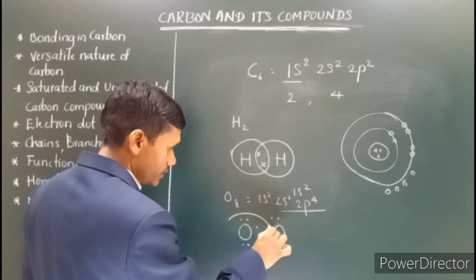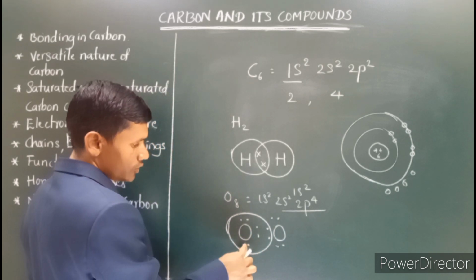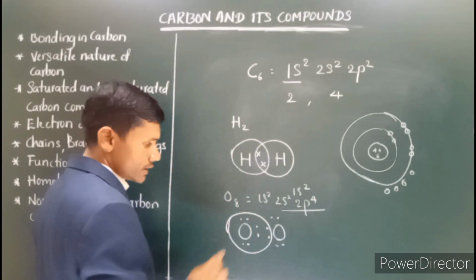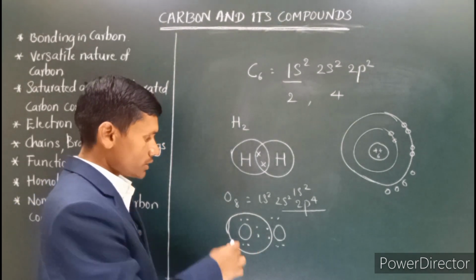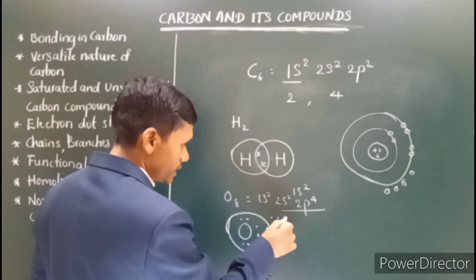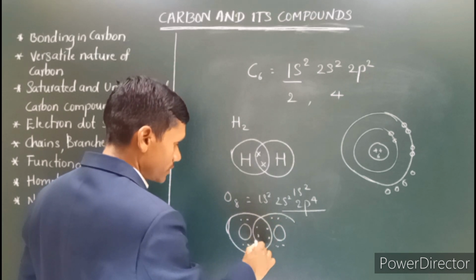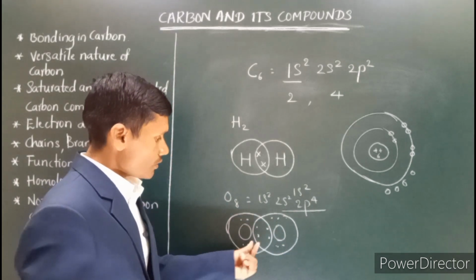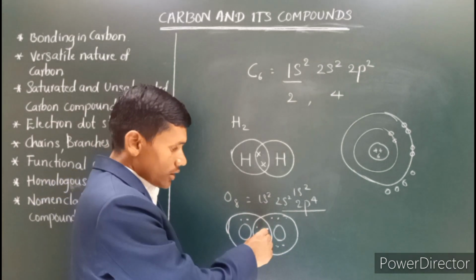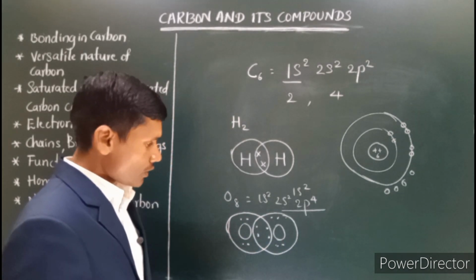Now you can see here. Now 2, 4, 6, 8. This oxygen got the octet structure, noble gas configuration. And if you come to this oxygen atom, this is also sharing this pair with that. Okay. Now here each atom is sharing a pair of electrons.